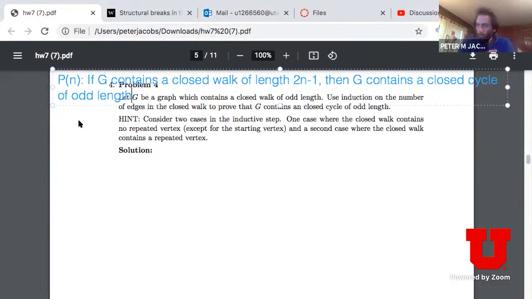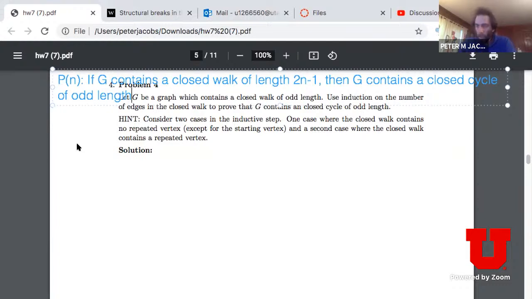So why length 2n minus 1 and not length n? Because the statement is that G is a graph which contains a closed walk of odd length. So that's not just an arbitrary natural number, but it's going to be of the form 2n minus 1.